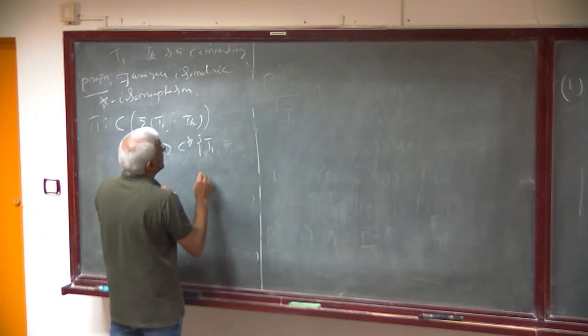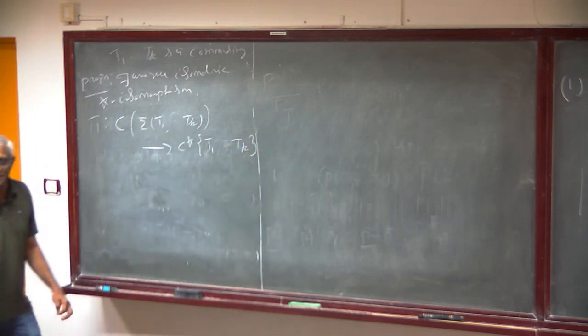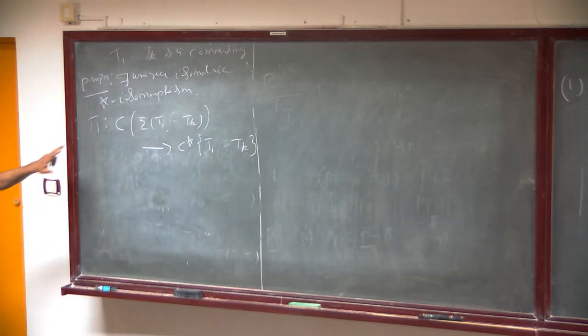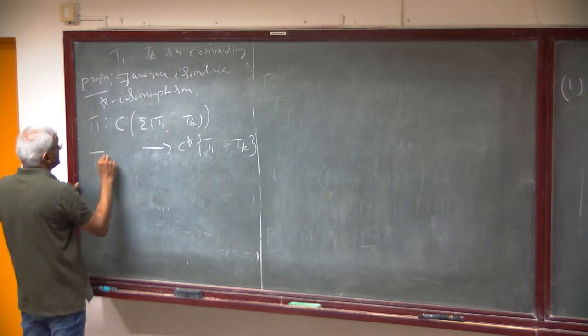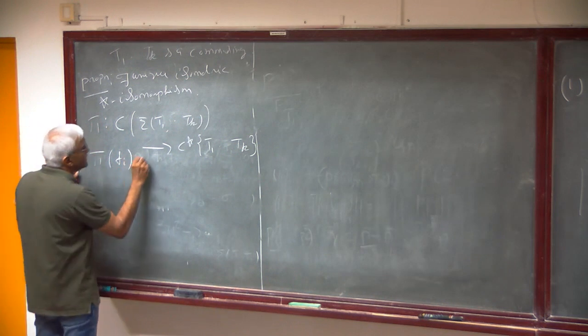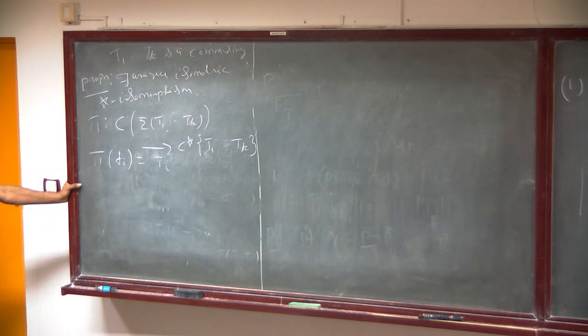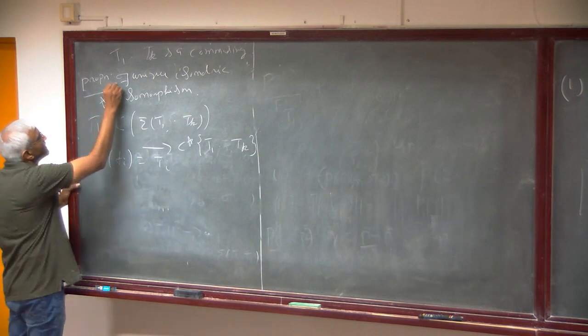We take the C-star algebra generated by this. So there is a unique isometric isomorphism from here to here, such that phi of this function, f_i, a projection, is equal to T_i. So this is one statement.